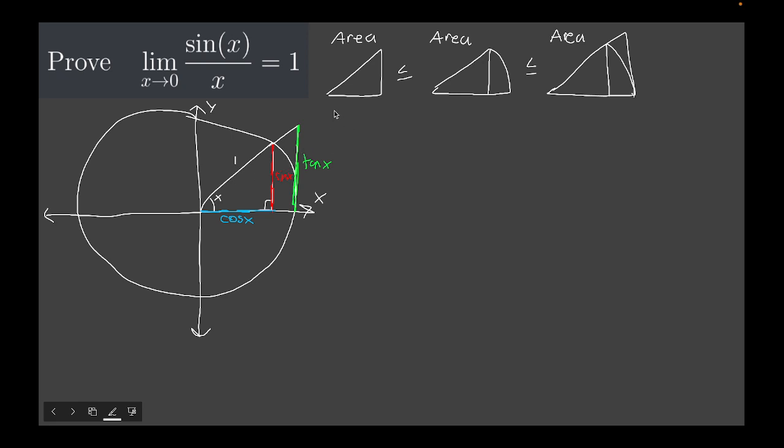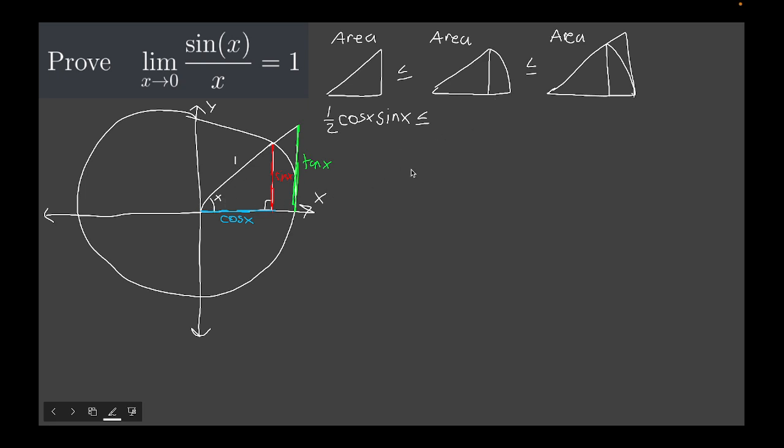So now let's find the area of this small triangle. It's going to be 1/2 base times height. The base is cosine of x, times the height, which is sine of x, is less than or equal to the area of the sector. The area of the sector is the angle divided by 360 degrees times pi r squared.